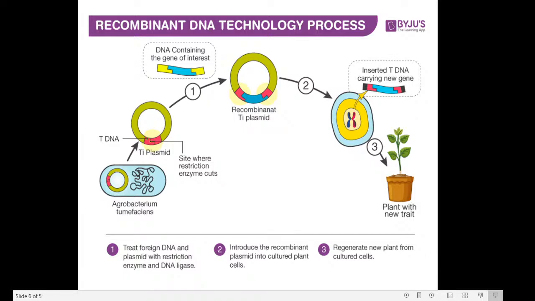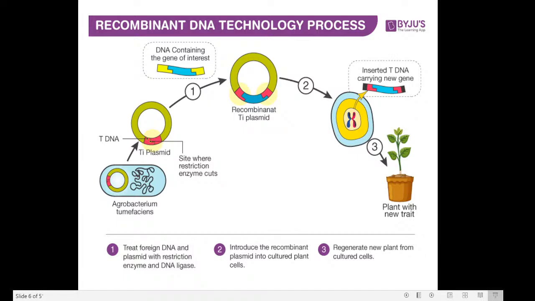In the recombination itself you can find the Ti plasmid. That plasmid has specific restriction sites. When the restriction site is cut, the new gene is inserted into that region by recombination. The recombinant plasmid is put into a competent cell, and that cell is introduced into the plant.